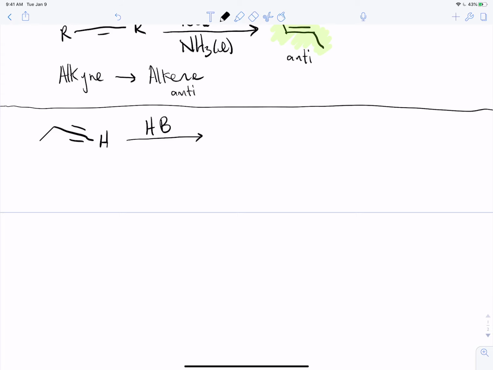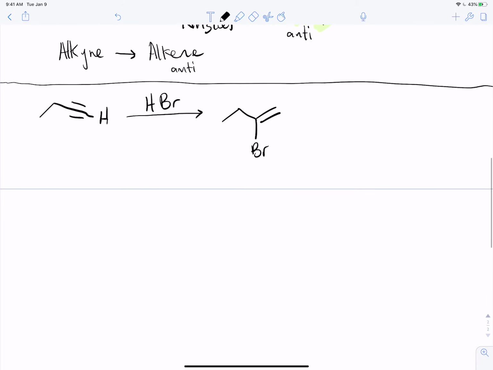If we add HBr to this, what we end up getting out is this. So you'll note that the bromine is adding to the last substituted carbon here.